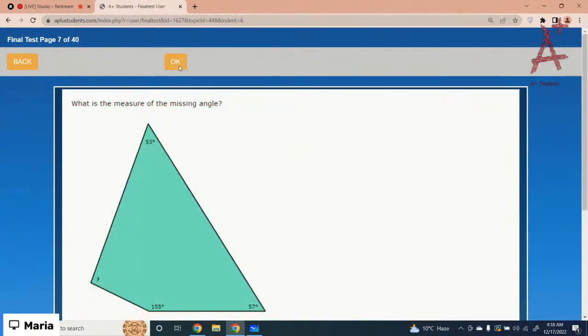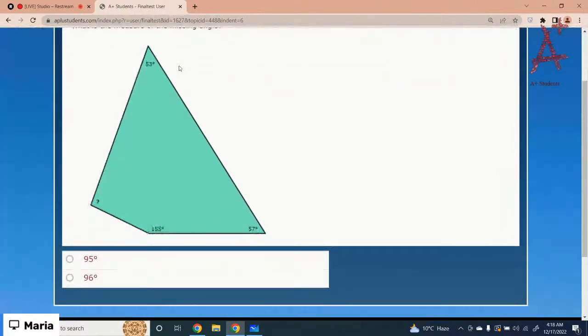Okay, what is the measure of the missing angle? So the sum of angles in a four-sided shape is 360 degrees. Got it?